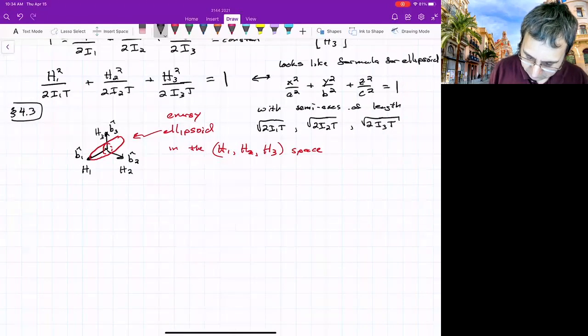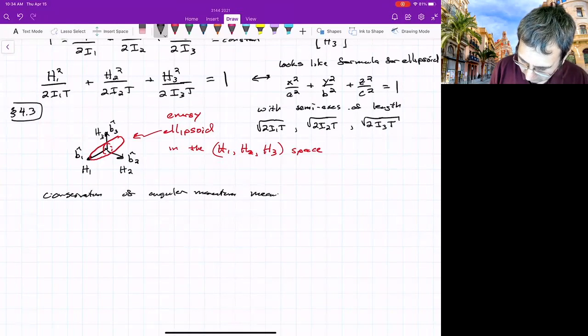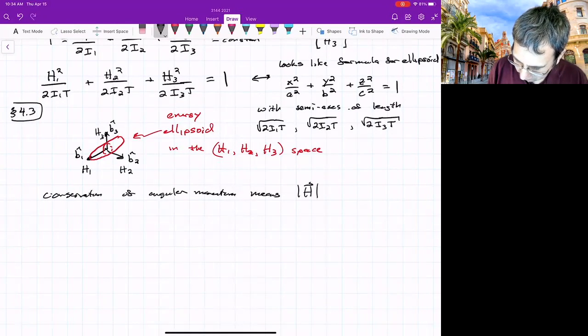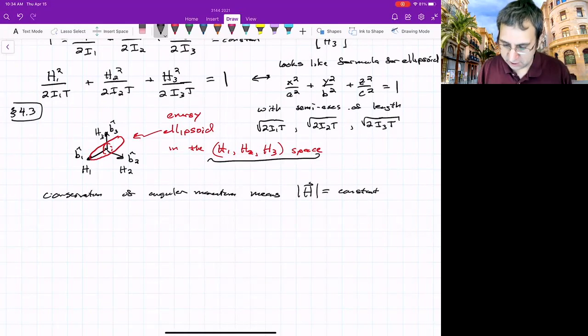On the other hand, conservation of angular momentum means that the magnitude of H is constant. What that means in this space of H1, H2, and H3 is that we have motion on a sphere. If the magnitude of H is constant, then the magnitude of H squared is constant.